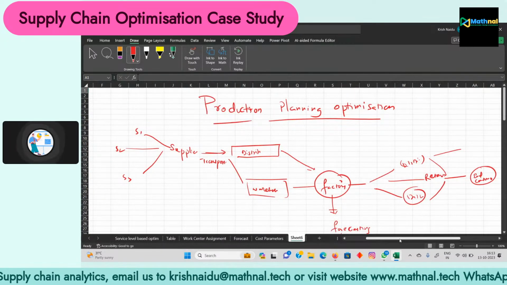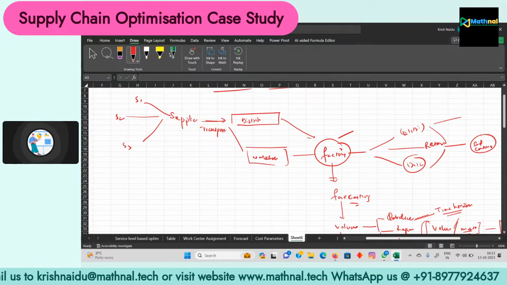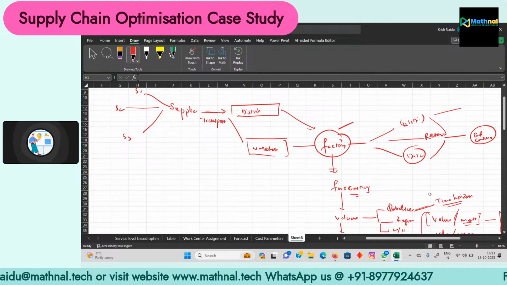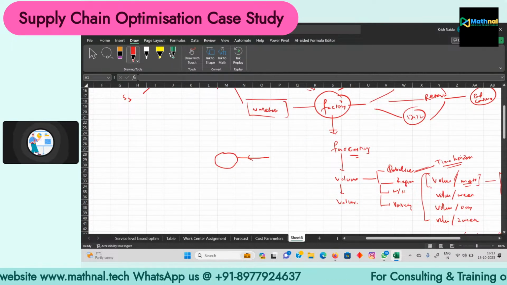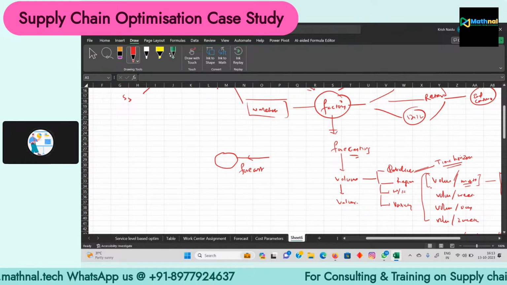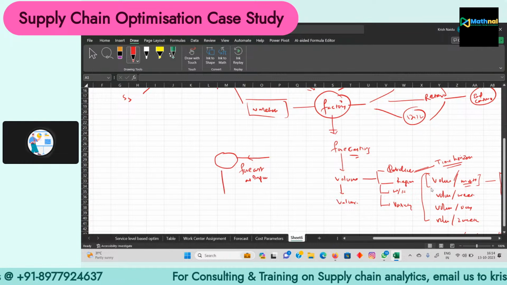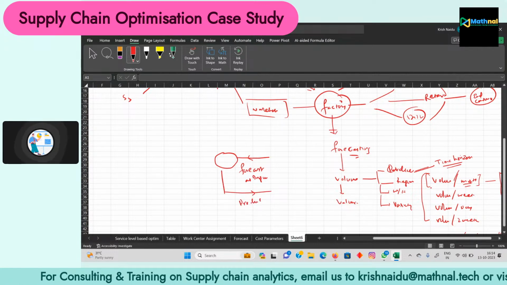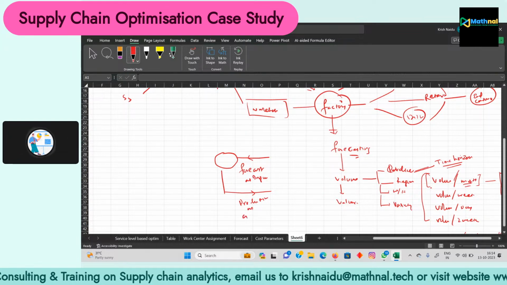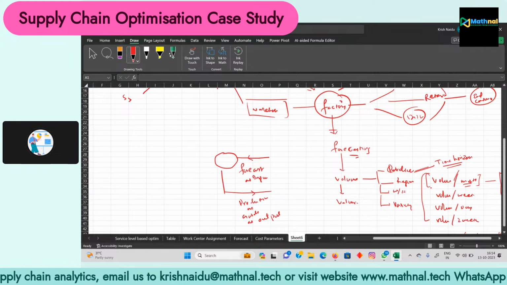So here we are trying to understand our factory forecast capacity. Let me write a different diagram now. So this is my factory. I am getting the forecast as an input, right? And what I'm going to deliver is the production as goods as output, right?